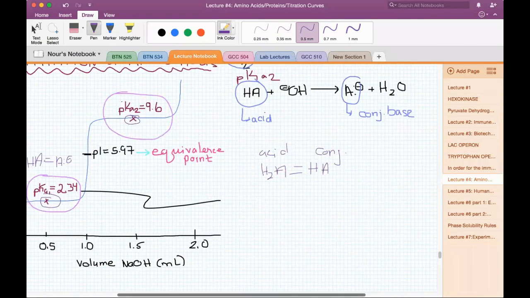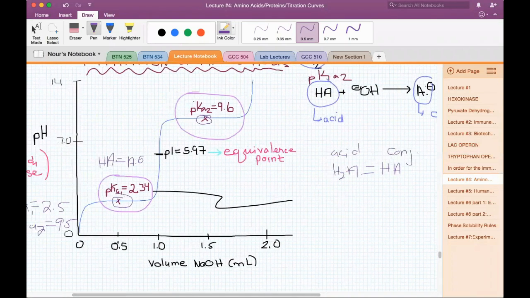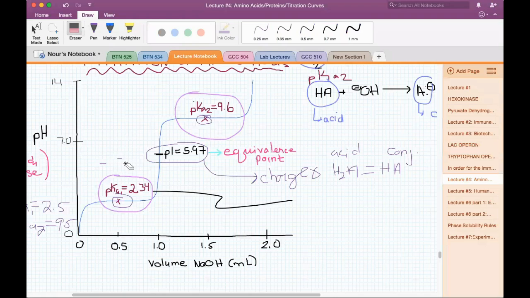Then as you keep going higher on the titration curve, you add more OH, more base, more base, until you reach the equivalence point. The equivalence point is when the zwitterion appears, and the charge of everything is 0. That means the whole solution has now become the conjugate base. No longer is it half, now it's all conjugate base.